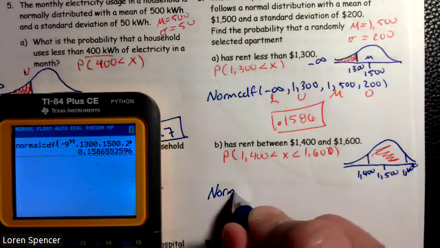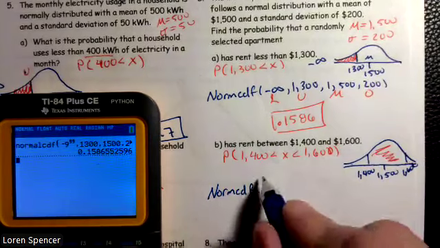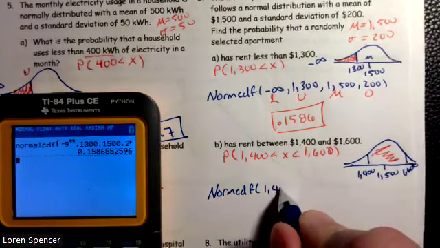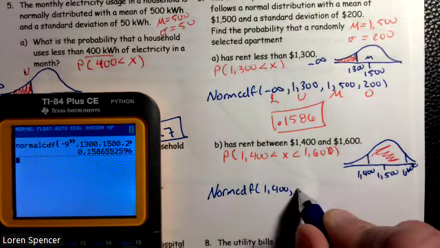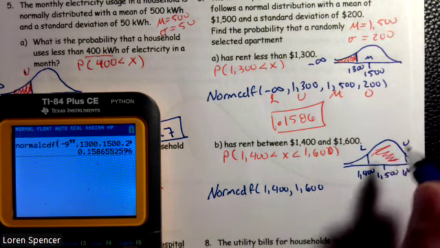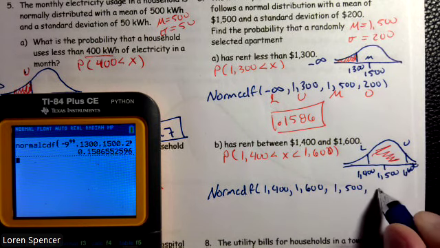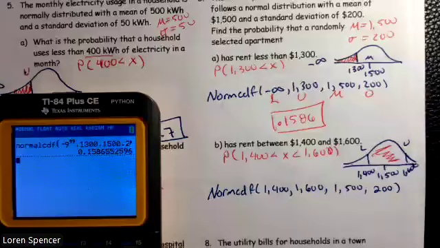Norm CDF, lower bound 1,400, upper bound 1,600. That's my lower, that's my upper. Mean of 1,500, and we have a standard deviation of 200.